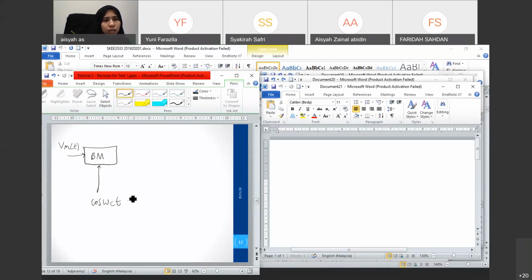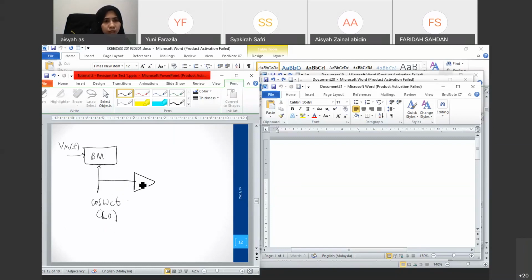And this cos omega CT actually comes from the local oscillator, because the question says to use balanced modulator, filter, local oscillator, and amplifier. So here we have the cos omega CT from the local oscillator, and then use the amplifier.